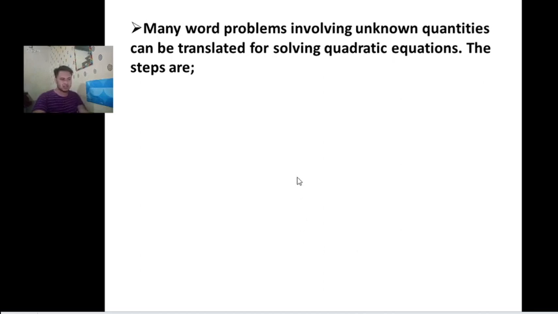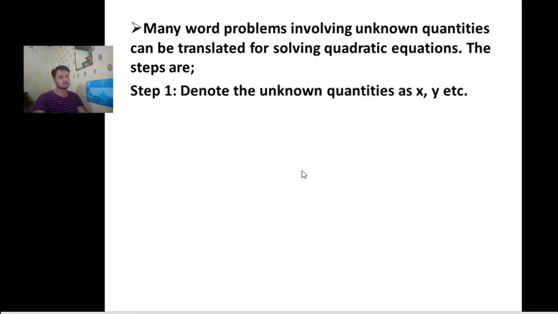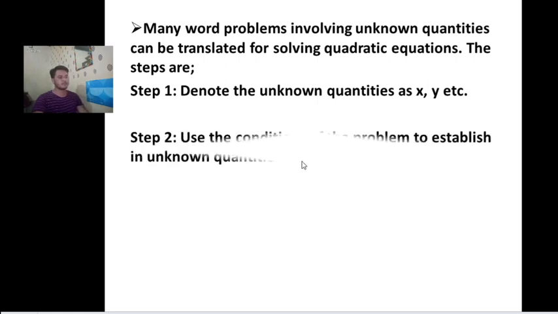And the steps are: number 1, denote the unknown quantities as x, y, etc. Meaning to say, we can choose A, B, C, or any other letter or variable that we want to use to represent the unknown quantities. Next, use the conditions of the problem to establish the relationships among the unknown quantities.